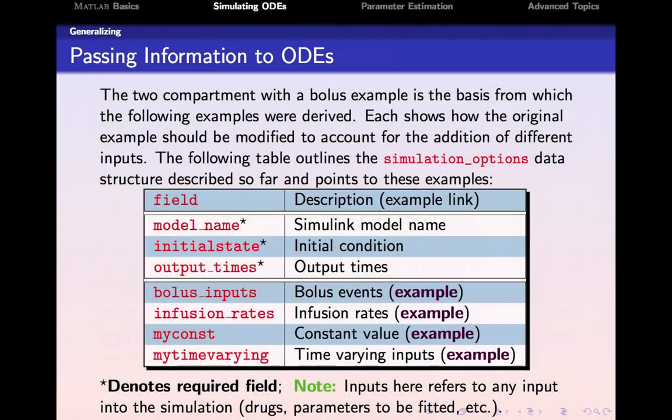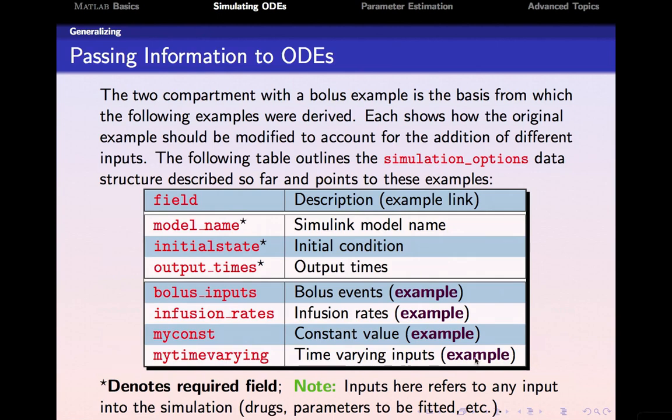I've shown you how to have bolus values inputted into the system. Now what I want to talk about is how to add both rates of infusion, how to pass constant information, and how to add time-varying information to the system.